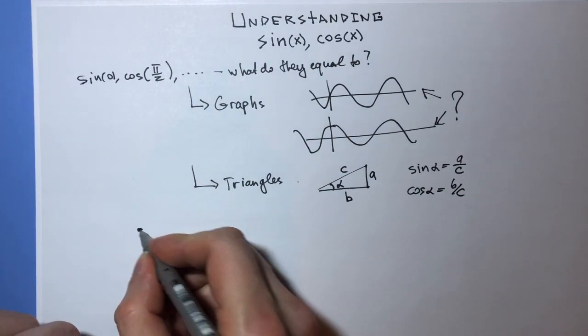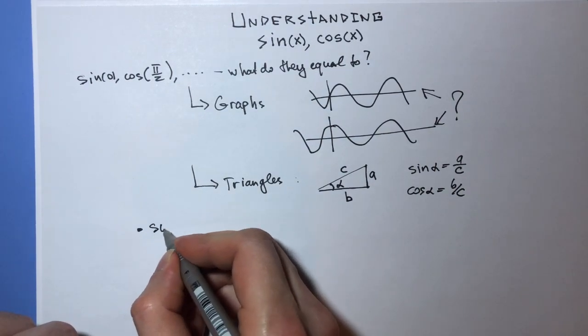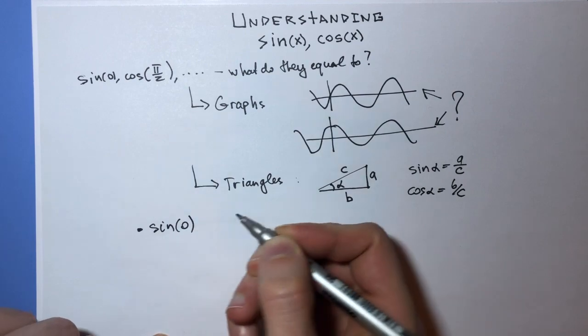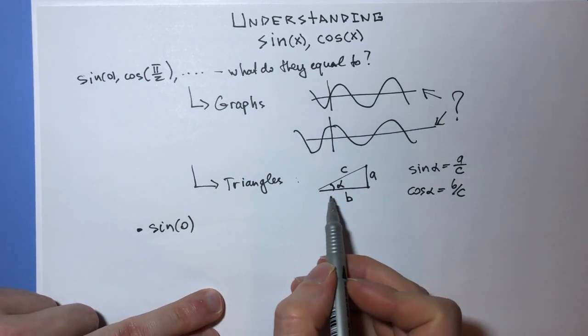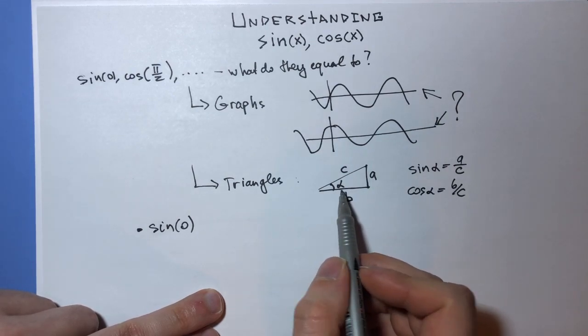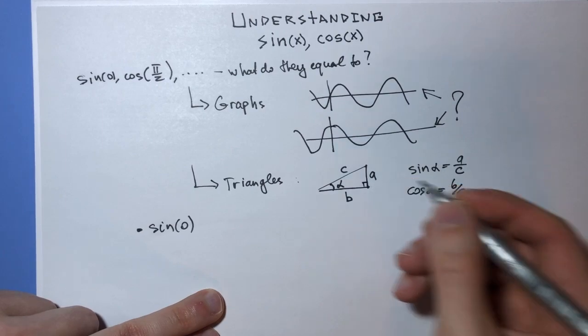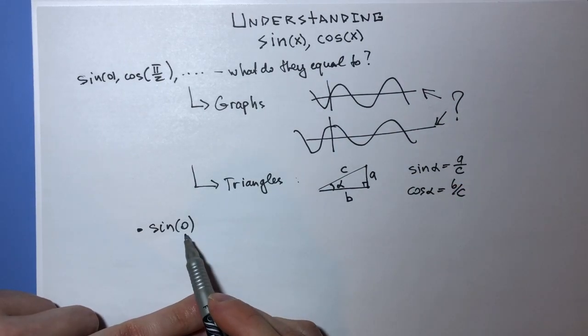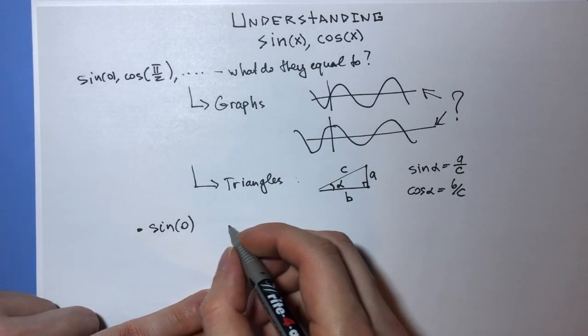So now think about sine of 0. Of course, an angle cannot be equal to 0, but let us look at what happens as we approach 0.